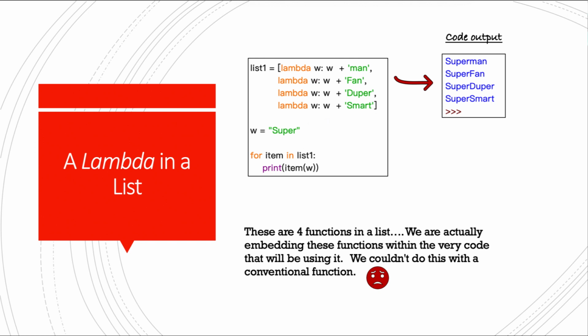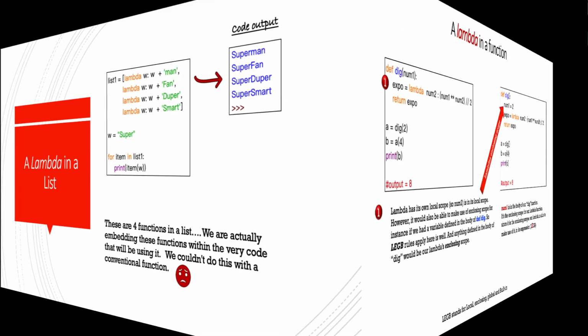And then we have a for loop: for item in list1, which is our list, print item(w). So when we do that, we get this concatenation. We get superman, superfan, super duper, super smart. So w just gets concatenated with the string in the latter part of the lambda expression. Pretty easy and pretty cool, huh?